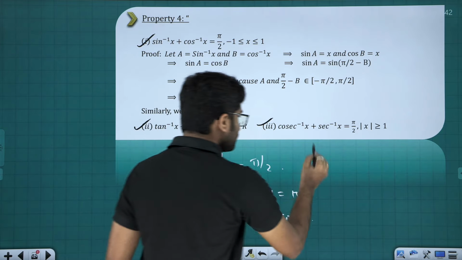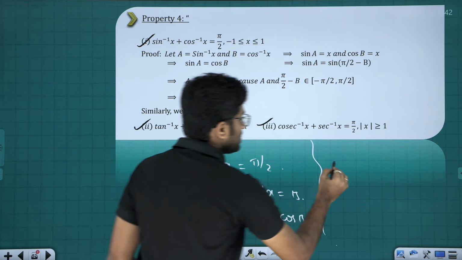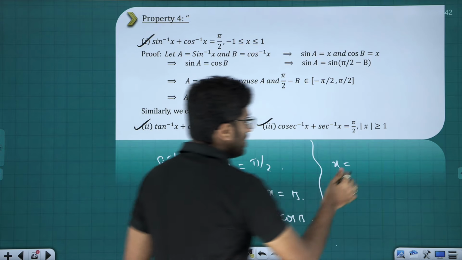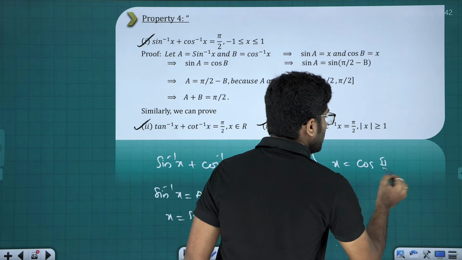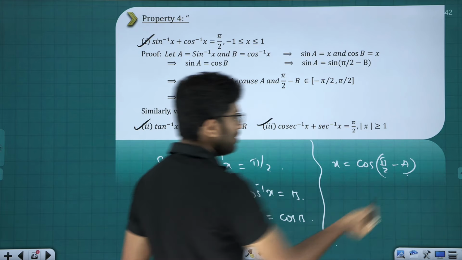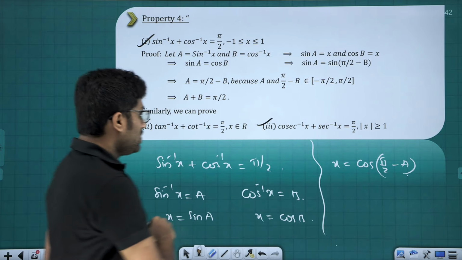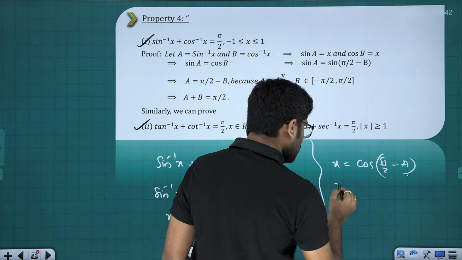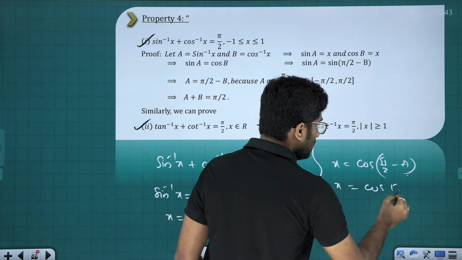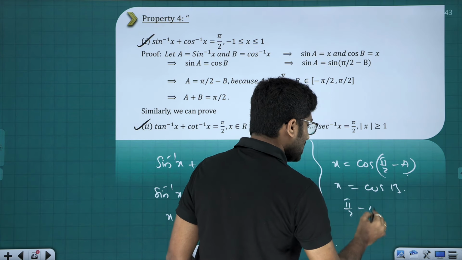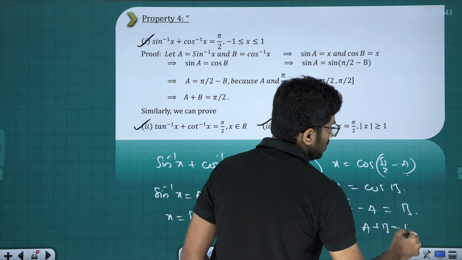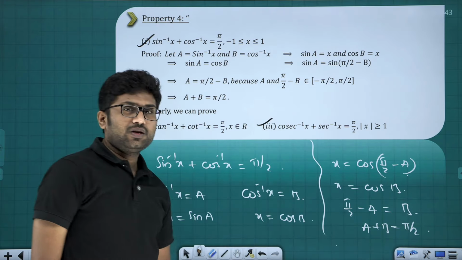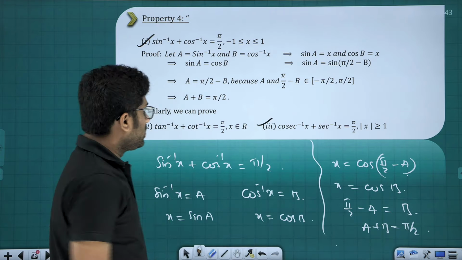Now x is equal to sin A, we can write it as cos of pi by 2 minus A, because cos of pi by 2 minus A is sin A. Okay. So now this x is equal to cos B, that means pi by 2 minus A is equal to B. So A plus B is equal to pi by 2. By using the remaining we can also prove them.